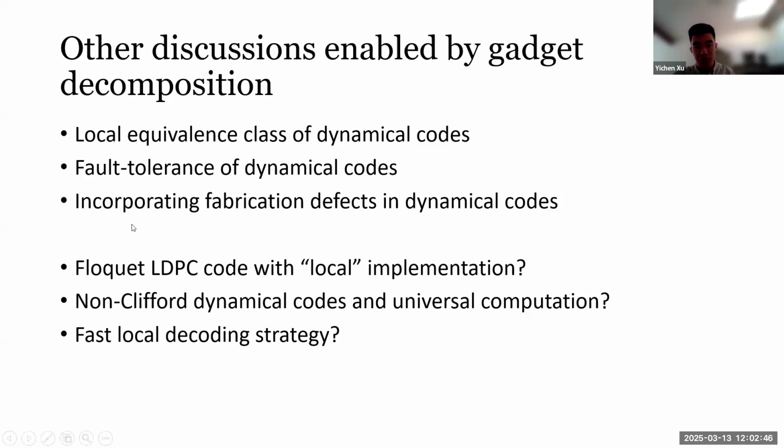In the future, this protocol can be implemented on good LDPC codes. We are also trying to explore other interesting directions, for example, maybe it can realize non-Clifford dynamical codes, maybe non-Clifford logical gates. We can also look at whether there are new, faster decoding strategies enabled by this gadget decomposition. So with that, thanks for your attention.